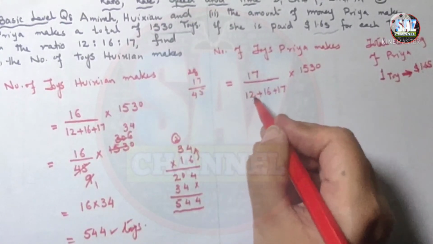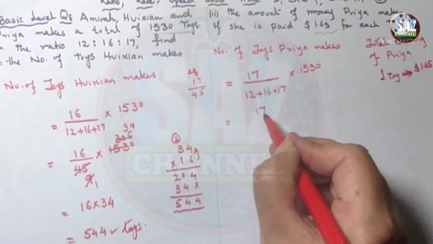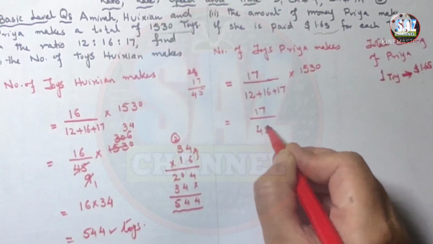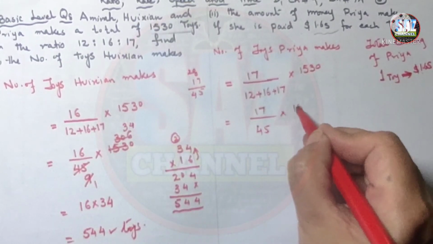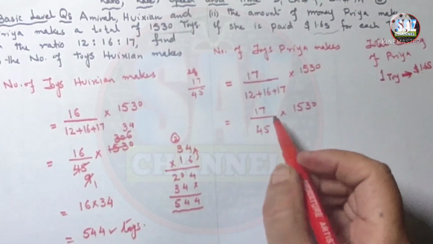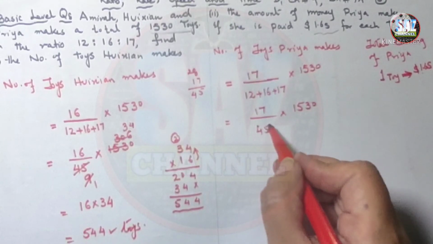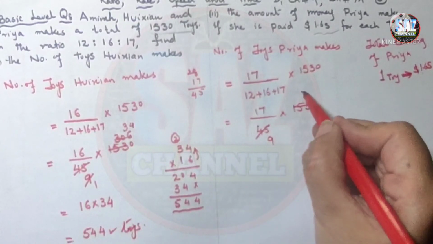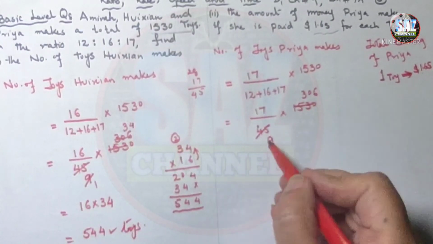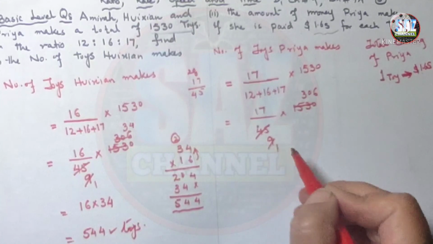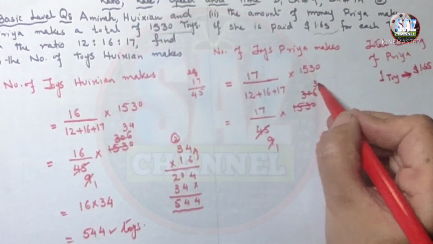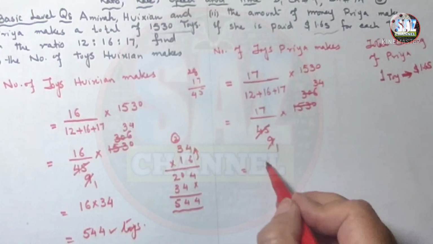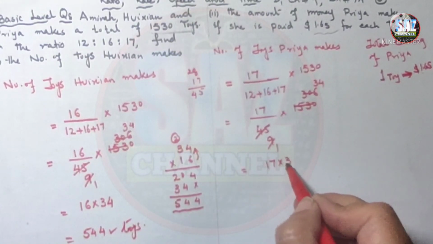This calculation is the same, so I will not be struggling with it. Divided by 45, multiplied by 1530, again this calculation gives me the same answer. 5 9s are 45, 5 3s are 15, 0, and 5 6s are 30, and then 9 3s are 27, and 9 4s are 36, and 17 times 34.